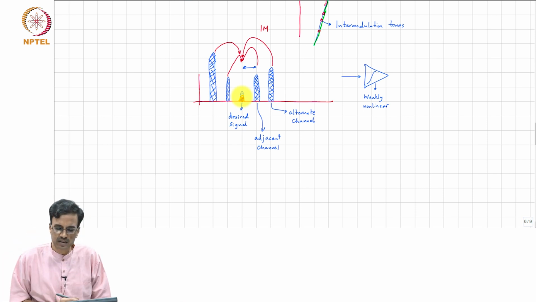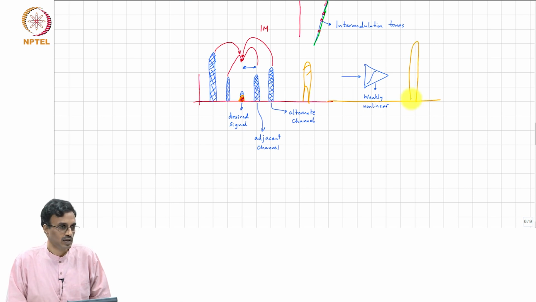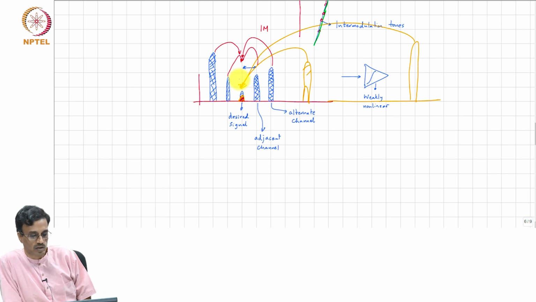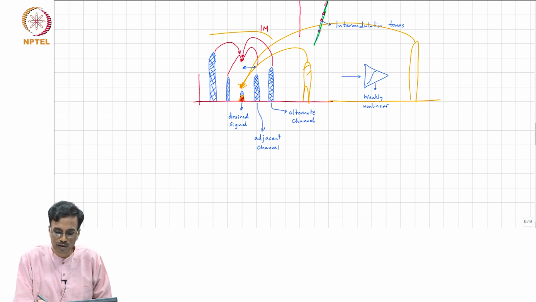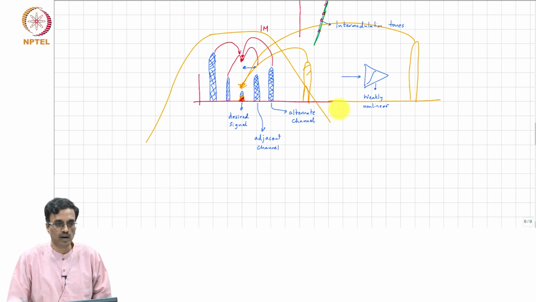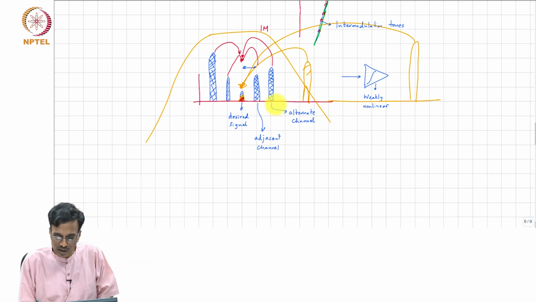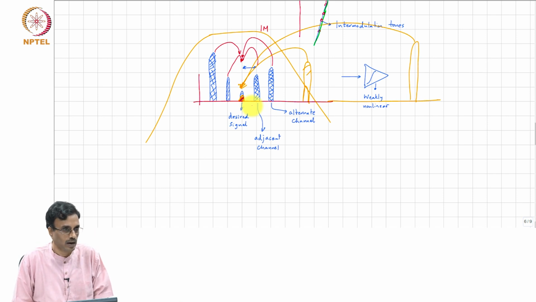Not merely those: let us say you have one channel here which is very large, and another channel here which is even larger, and these two can also intermodulate and cause distortion. But in principle those are easier to handle, because you can put some kind of narrowband filter which can remove stuff that is very far away. But the close-in alternate and adjacent channels you can't remove by filtering, correct.